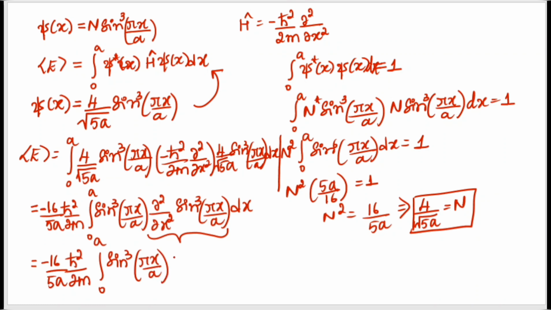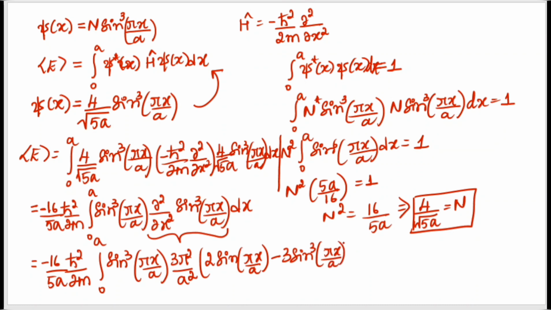For this, the value we got is 3 pi square divided by a square into 2 times sine of pi x divided by a minus 3 times sine cube pi x by a. This was the value we got, right, into dx as it is.